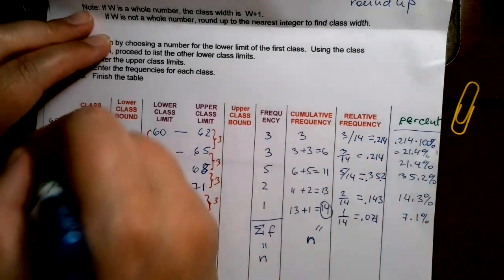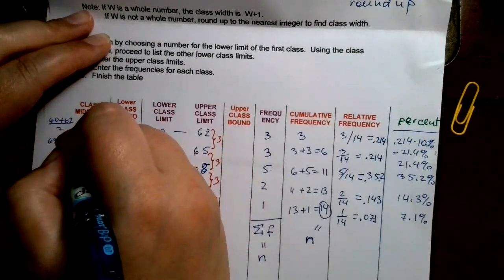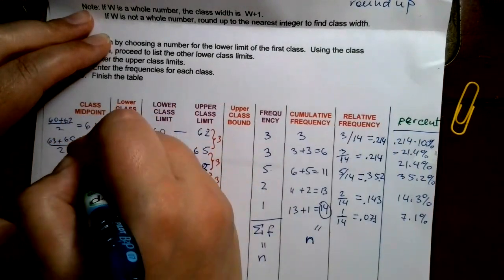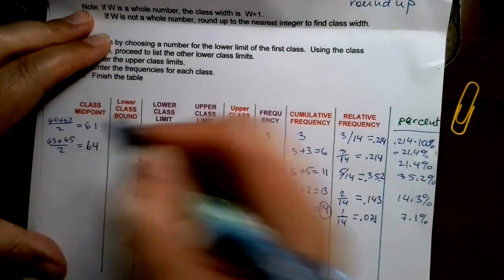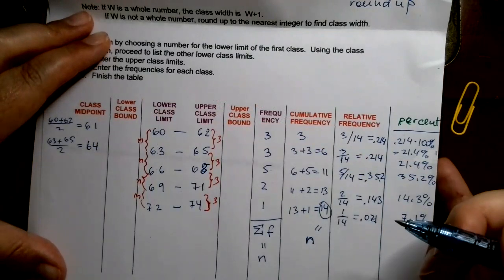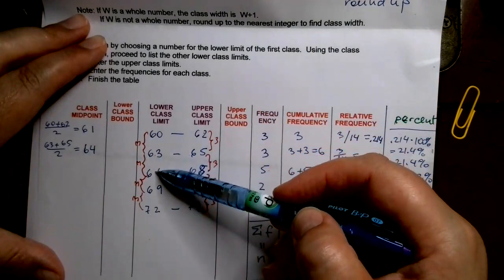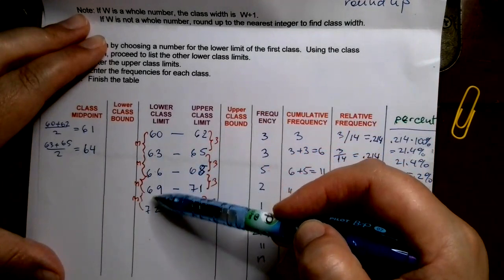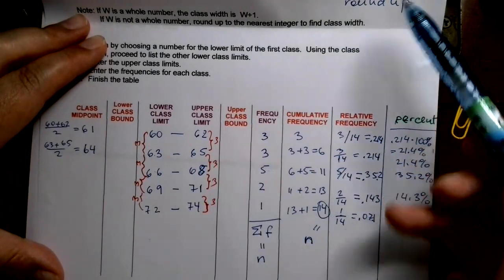For the second class, we do 63 plus 65 divided by 2, and that gives us 64. But here's another thing I want to point out. Remember how we said that the distance between these values is 3 units, which is our class width?